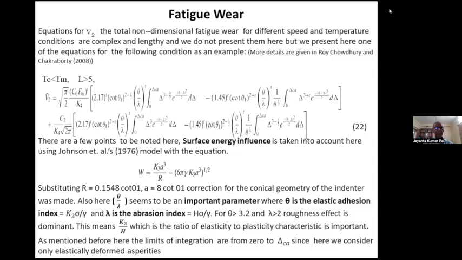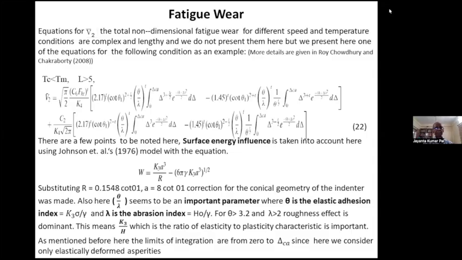Now here K3 is the elasticity constant, a is the contact radius, and capital R is the asperity radius. We must distinguish the two. And gamma is the surface energy.